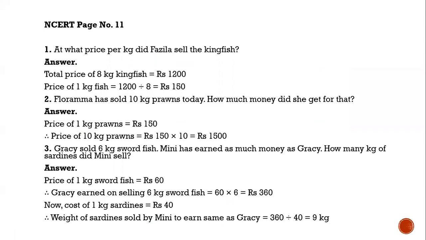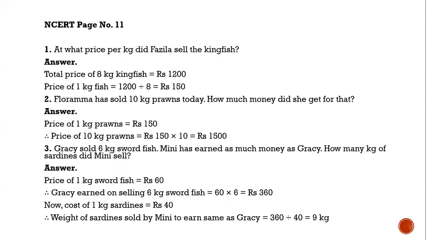Gracie earned rupees 360 on selling 6 kg swordfish. It is given that the cost of 1 kg sardines is 40. To earn equal to Gracie, Minnie has to sell how many kgs of sardines?